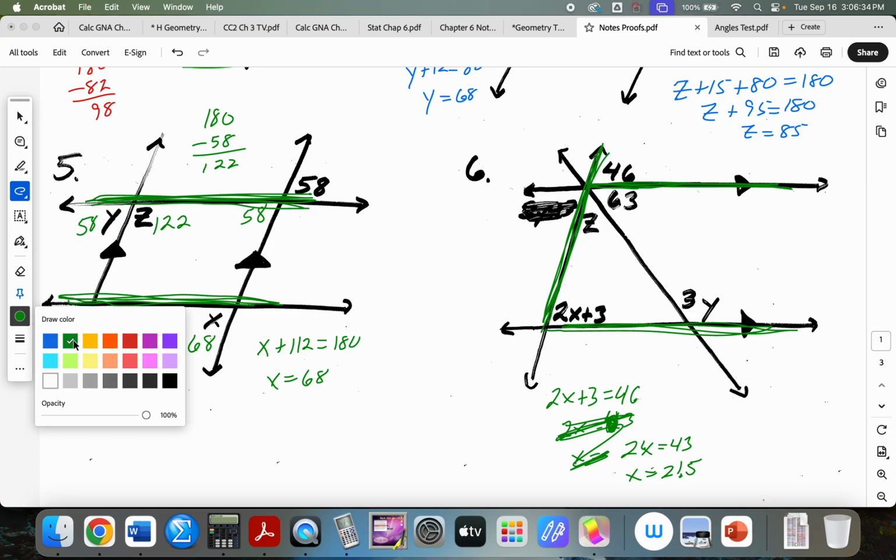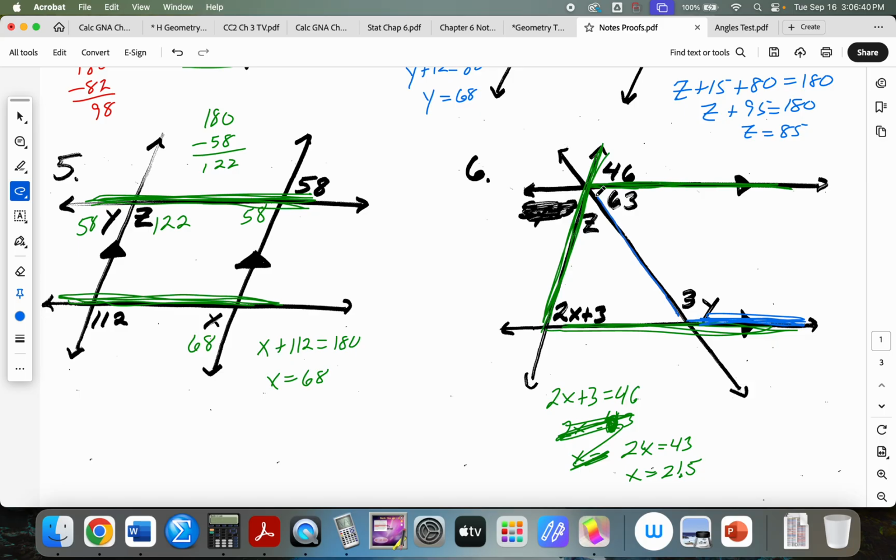I'm going to switch colors. The 3y is this side and this side. Is one of those two blue lines parallel to something? Yes. So what do I have outlined in blue up here? 63.